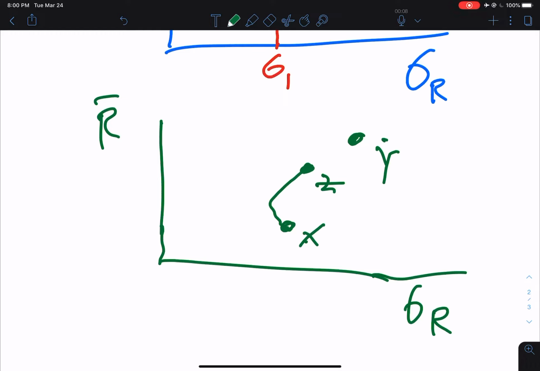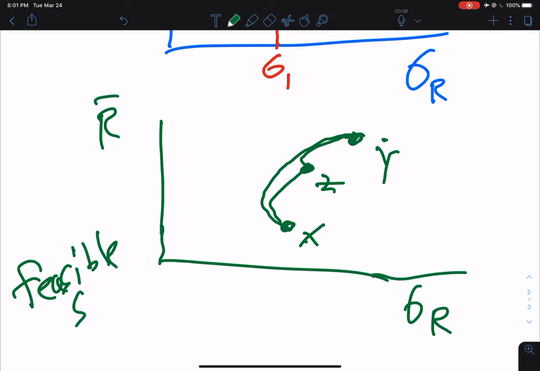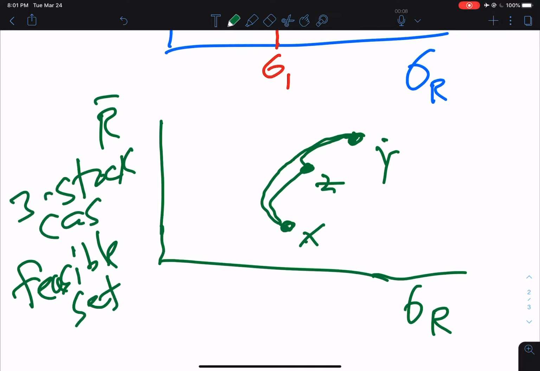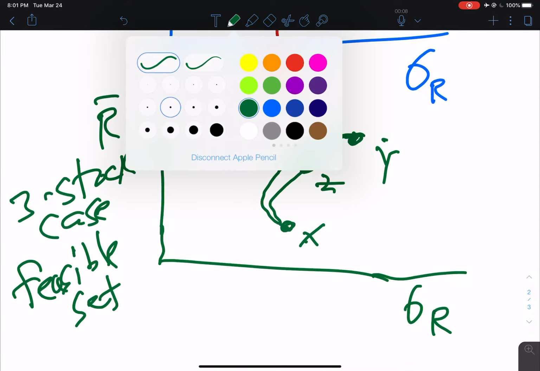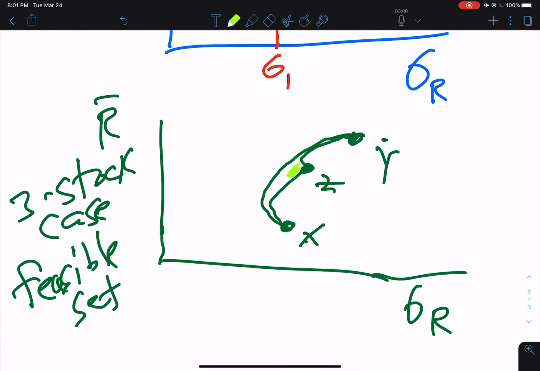We'd have something like this, perhaps. And suddenly we begin to see that our feasible set in this three stock case is not a line, but is rather an area. Color it in here.